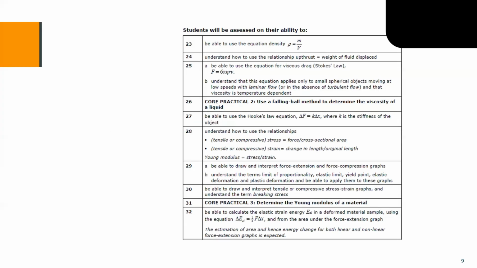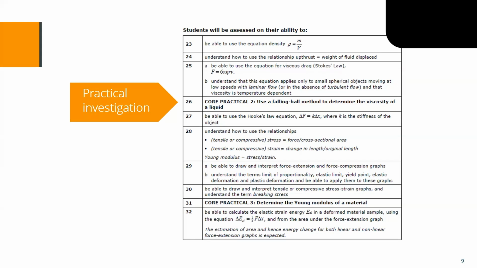This is a page from the content section, actually in 1.4 materials, and it indicates how the core practicals are shown. You can see as you look down the sheet there, the core practical is in bold print, and it actually says clearly CORE PRACTICAL in capitals. Use a falling ball method to determine the viscosity of a liquid.